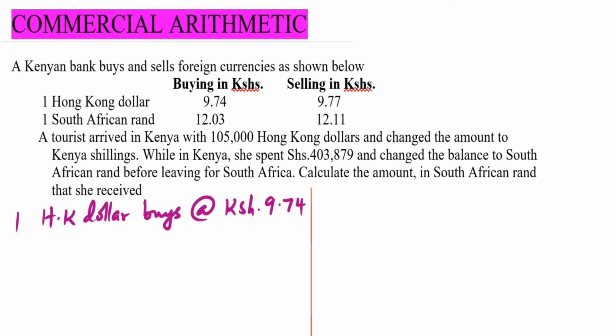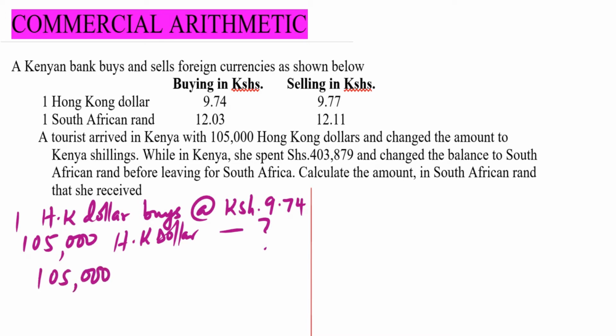So what about 105,000 Hong Kong dollars? We are going to multiply, so it will be 105,000 multiplied by 9.74.